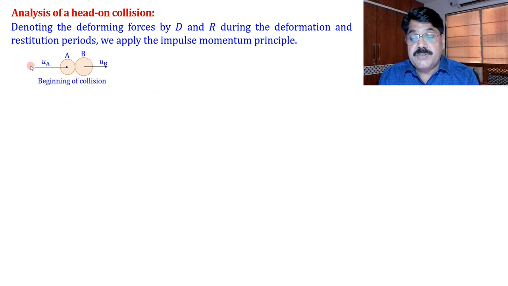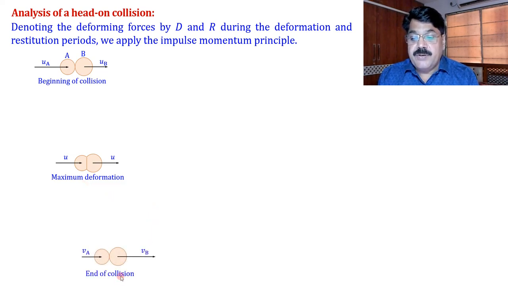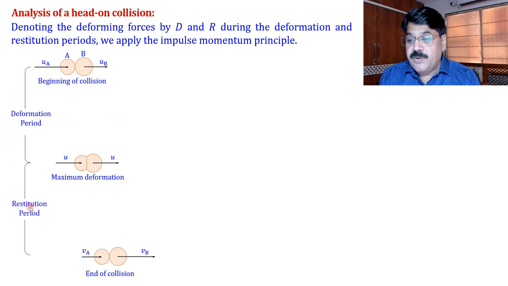You can see the same notation: velocity UA, velocity UB, and UA is greater than UB. Now that is the state of maximum deformation, and we consider the end of collision, when interaction between the bodies ceases, or deforming forces cease to act. From this instant to that instant is called the period of deformation, or deformation period. And from here to here, we call it restitution period.